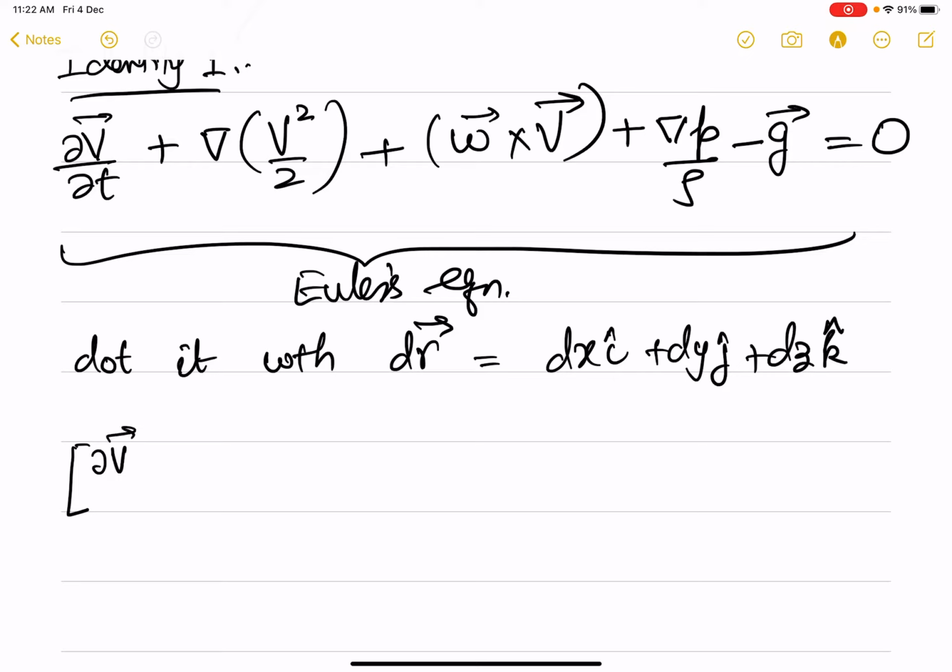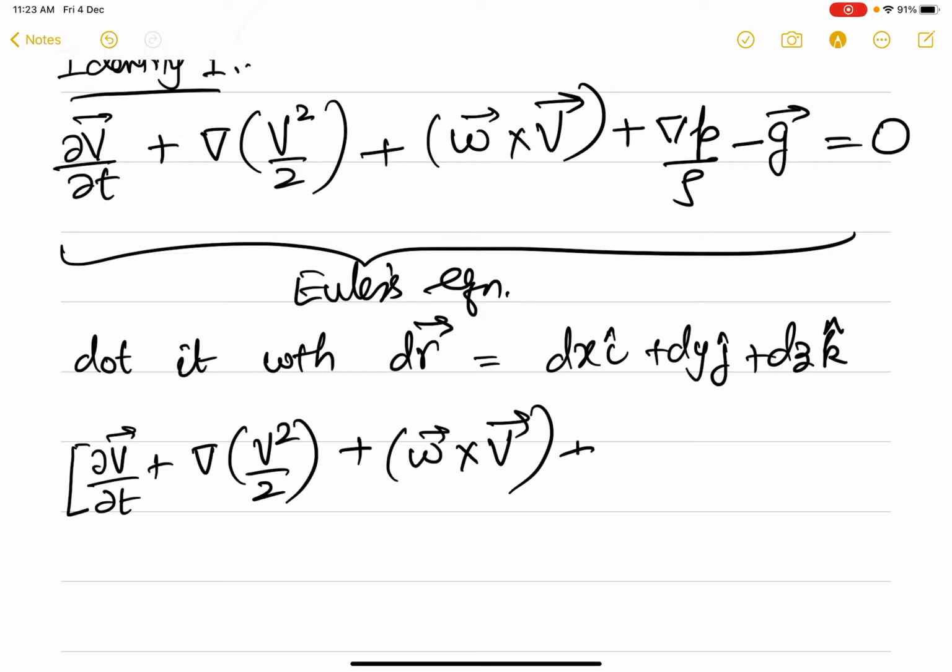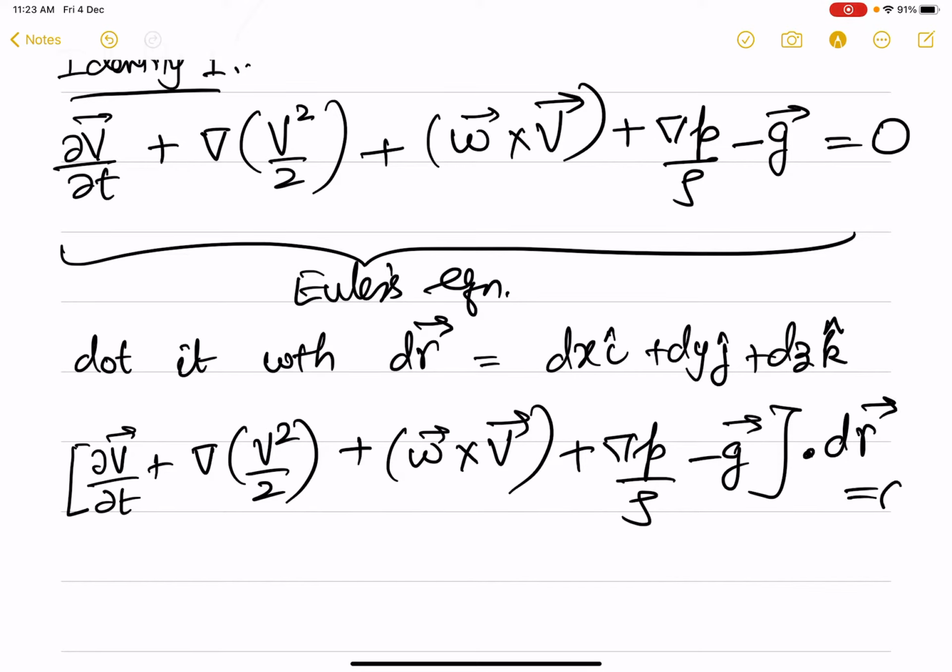So we say dV by dt plus gradient of V square by 2 plus omega cross V plus grad of P by rho minus G, dotted with dr, is equal to 0.